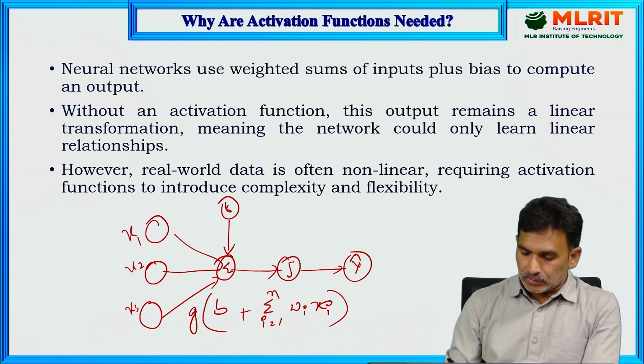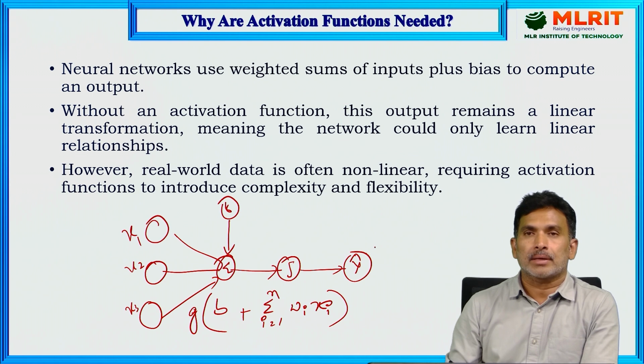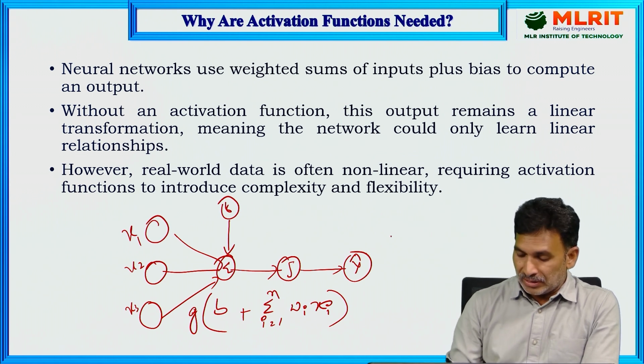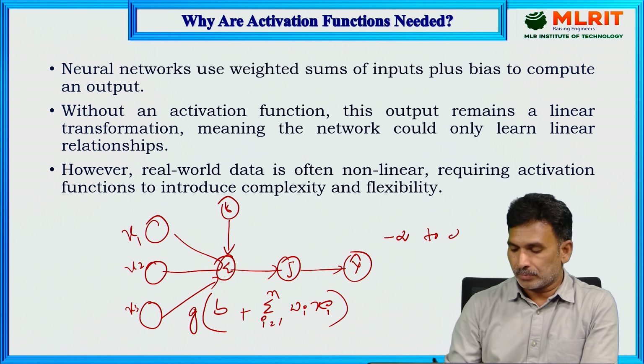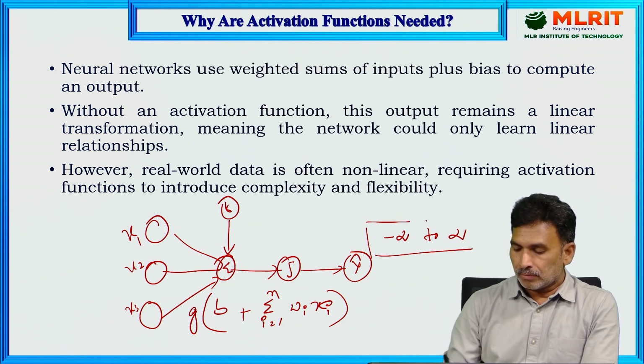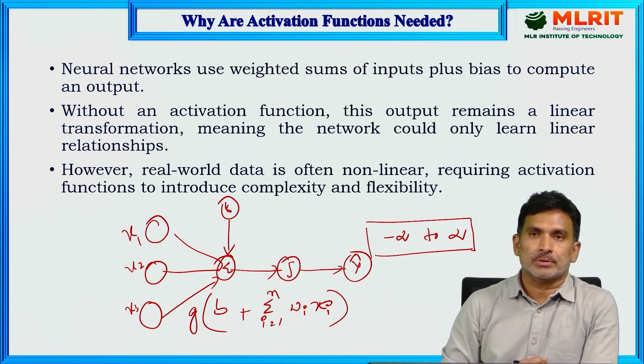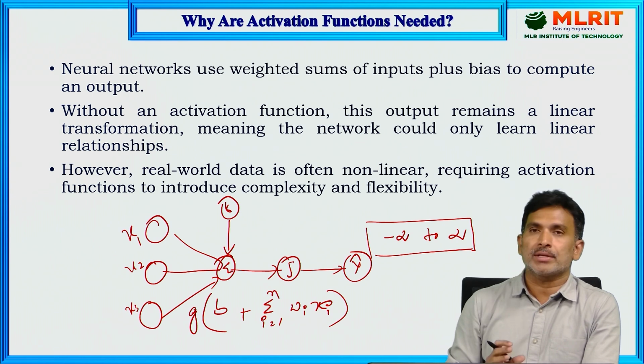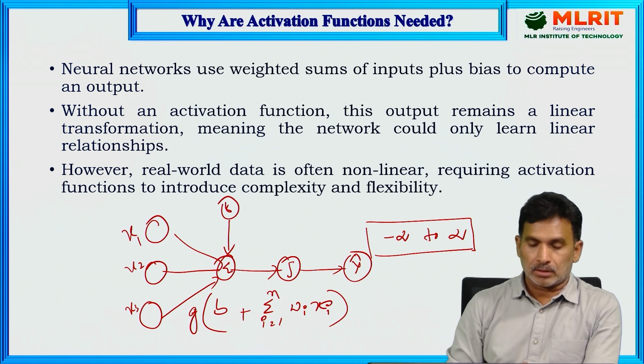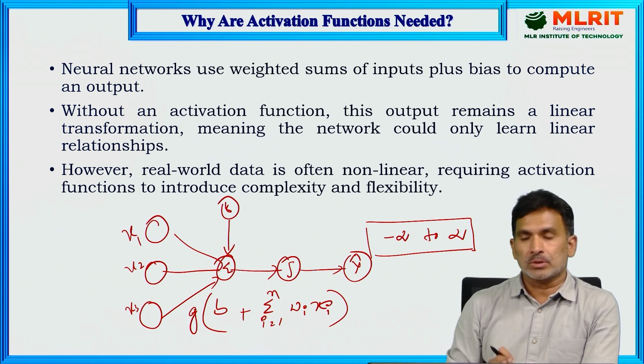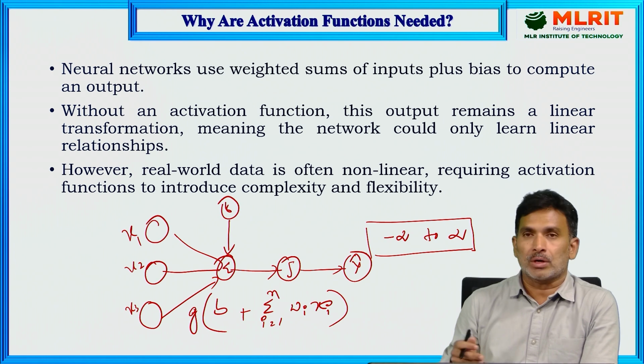Here the output, that is y hat, can have values from minus infinity to plus infinity. But what values need to be produced? That is the boundary. How do we decide the boundary? An artificial neuron does not know what boundary values need to be produced.